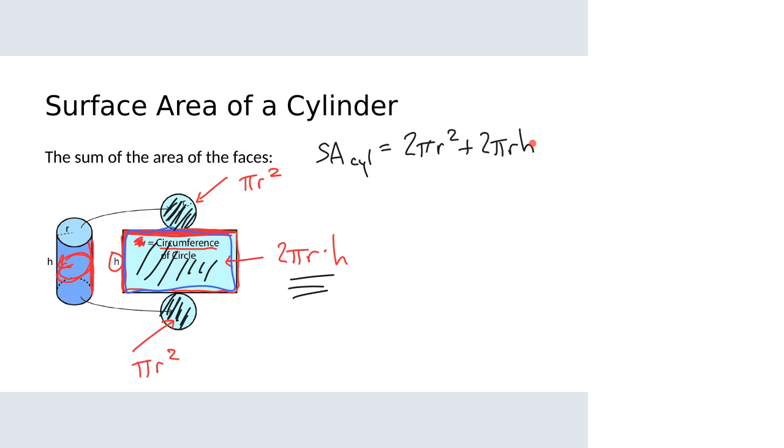It's a busy looking formula, the surface area of a cylinder: 2 pi r squared plus 2 pi r h. We're adding up these components: the 2 pi r squared, and then that rectangle that would be the label, which is the 2 pi r h. Any questions about how we got this formula before I have you try one of these?